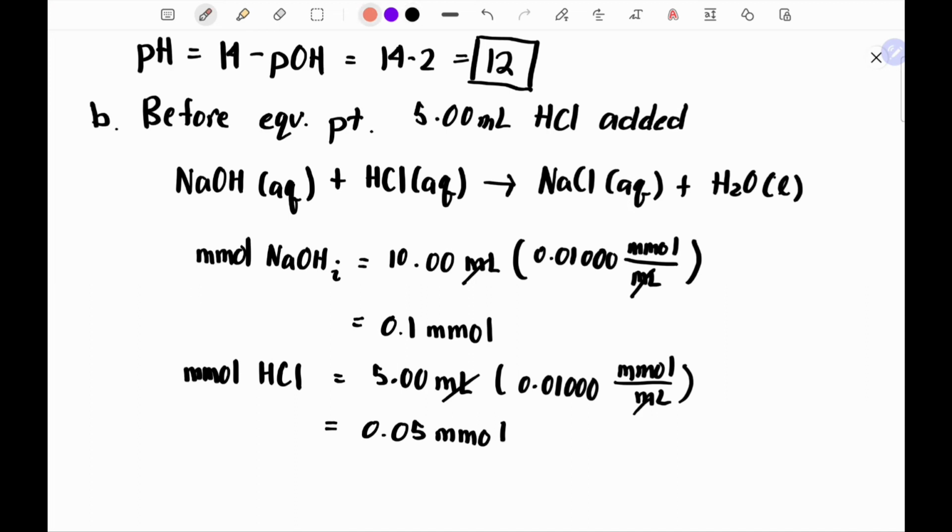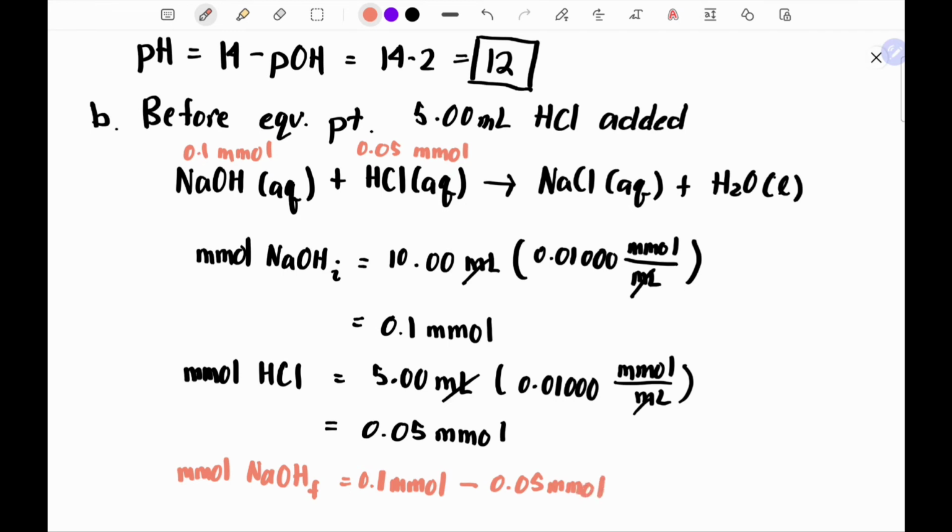Now pay attention to what happens. If we start with 0.1 millimole of sodium hydroxide, and we react it with 0.05 millimole of hydrochloric acid, at the end of the reaction there should be excess sodium hydroxide, which is 0.1 millimole, the initial, minus the millimole that reacted with hydrochloric acid.